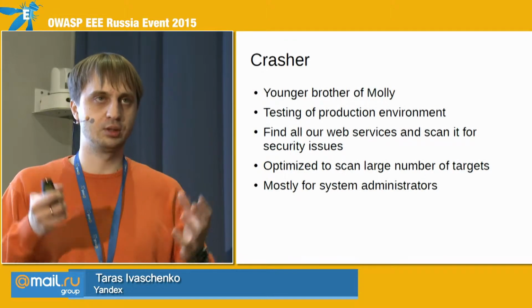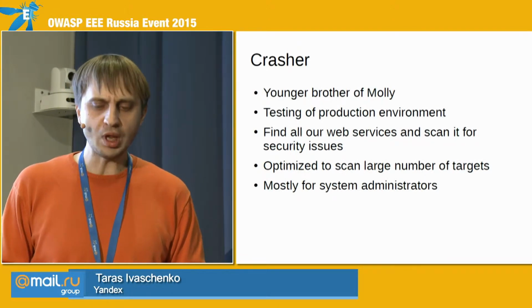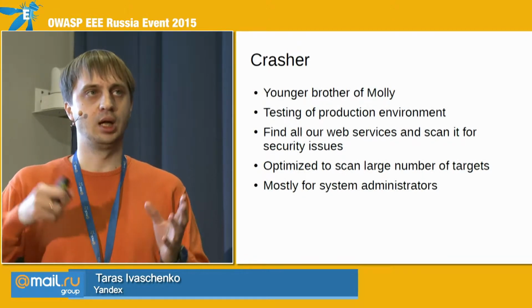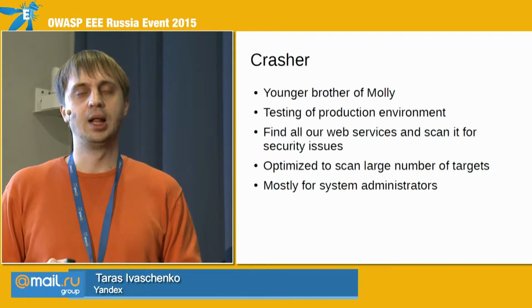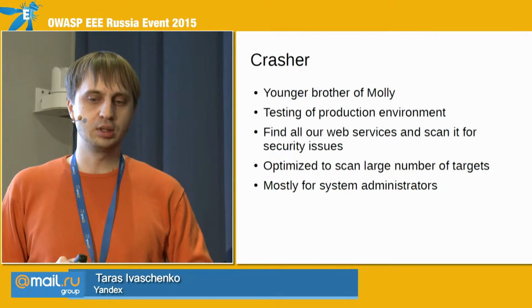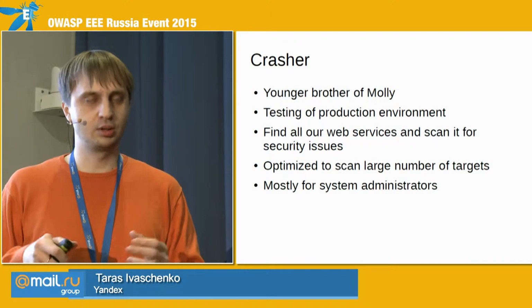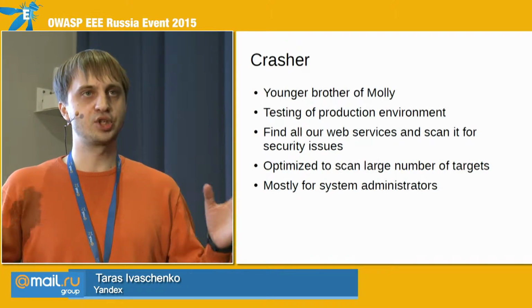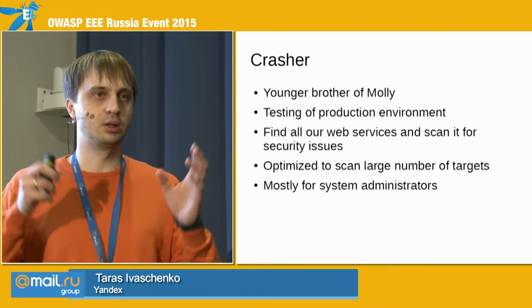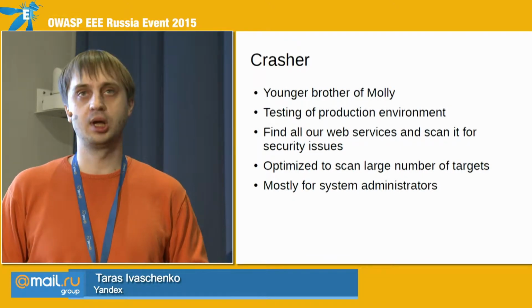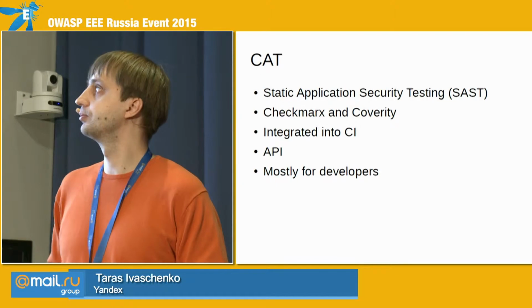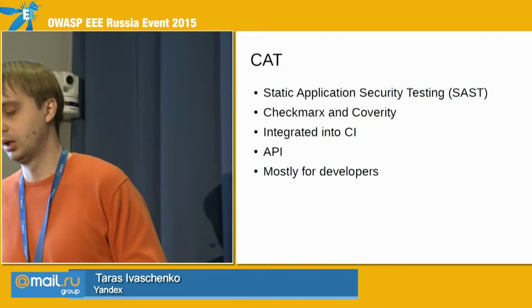Molly is for testing our products in testing environments, and Crusher is for the production environment. The second difference is that it's optimized to scan a really large number of targets in a very small period of time.